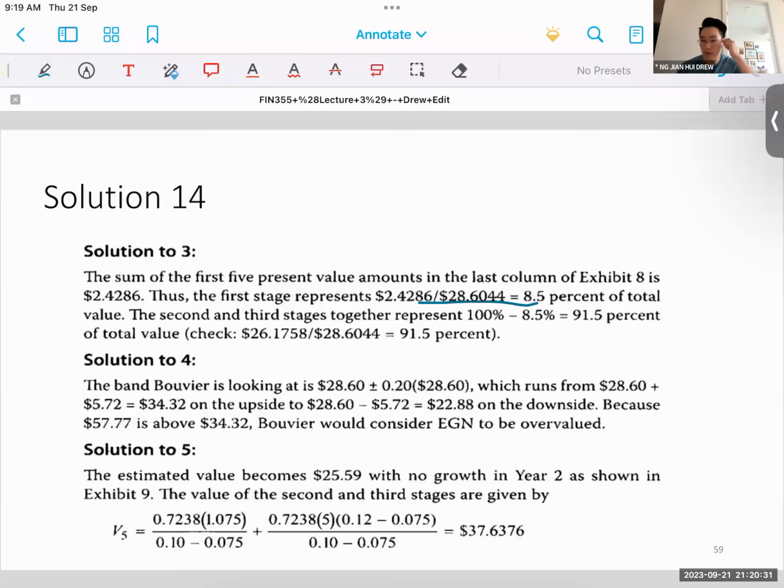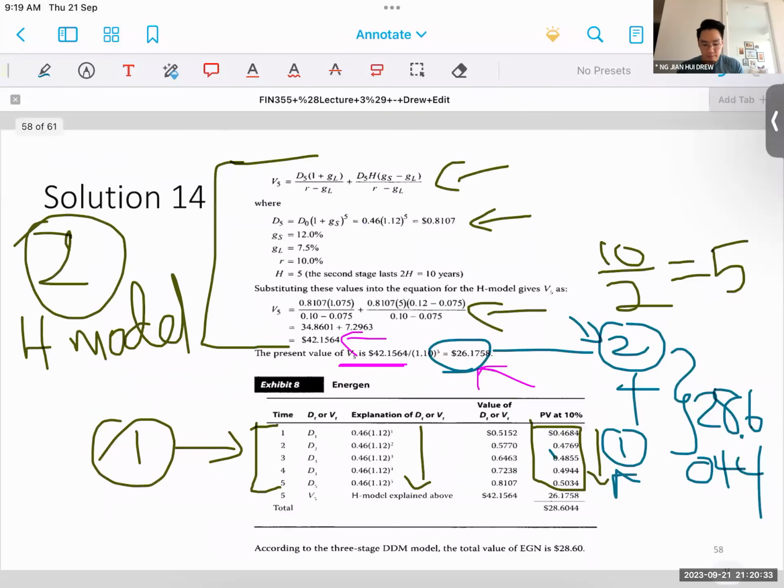So we basically take this 1, which is the combination of this, divided by this amount. And we take 2, which is given by this, divided by this amount. By knowing the various stages, it's not so difficult to dissect this information.